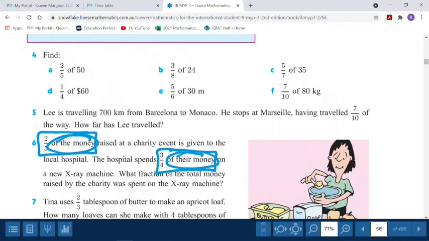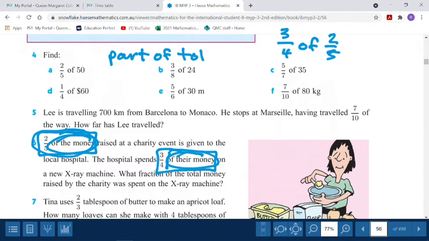So it's going to still be multiply. Now, think about it, though. They got part of the original money, yes? So it's 3/4 of how much money they got, which was their part of it. So of the total, the total money was 2/5. It's always going to be part of the total.